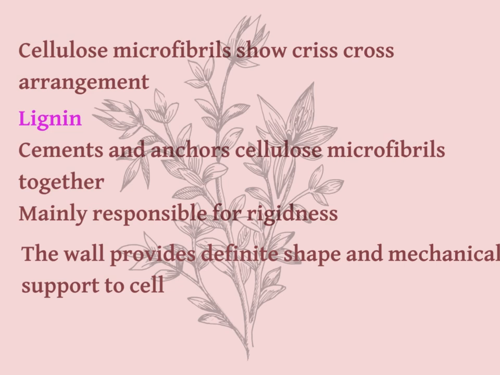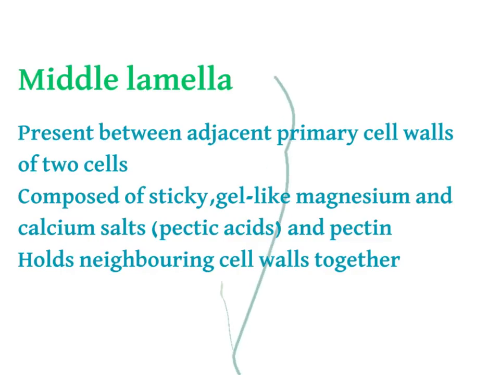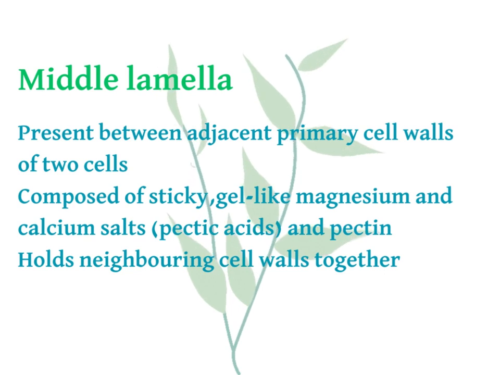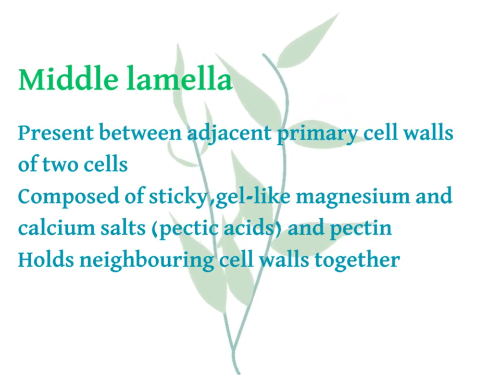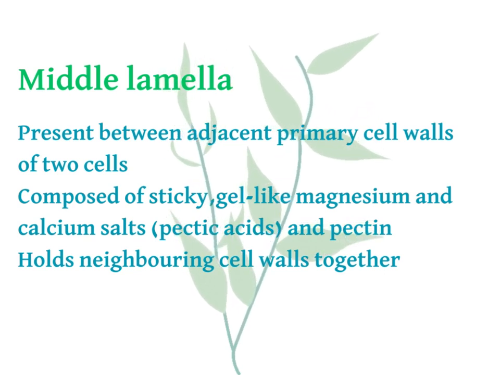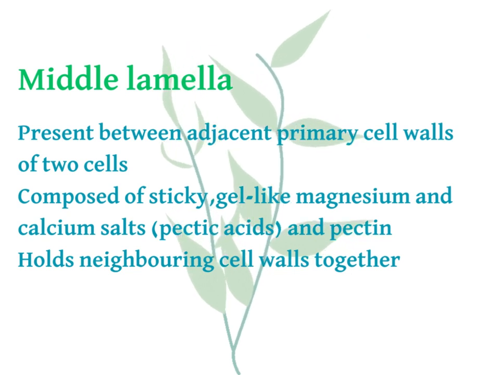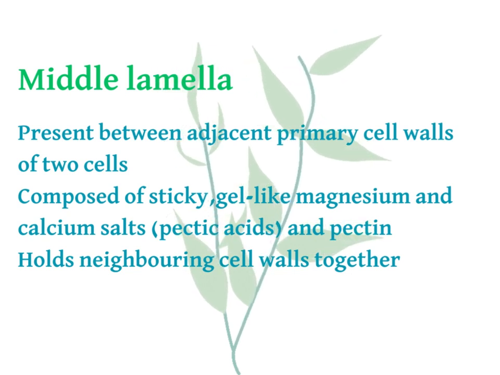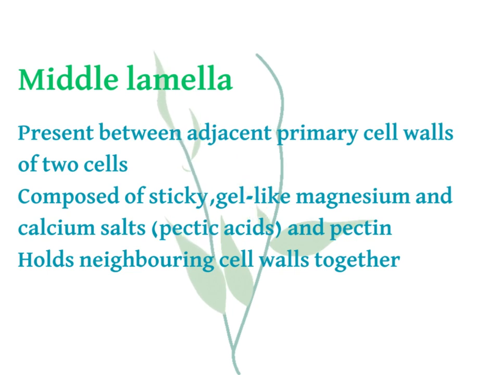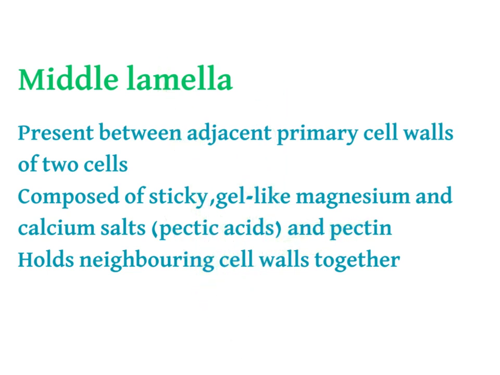This wall provides a definite shape and mechanical support to the cell. Middle lamella. It is present between adjacent primary cell walls of two cells. It is composed of sticky gel-like magnesium and calcium salts, pectic acids, and pectin. It holds neighboring cell walls together.